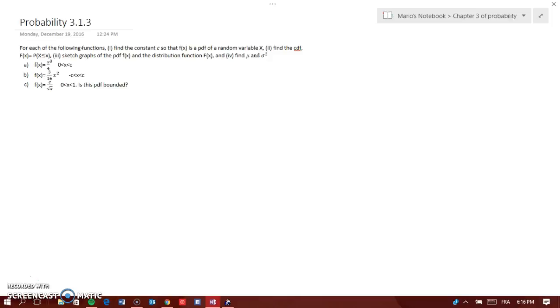So let's first find the constant c. We first have to take 3/16 times x squared. But we know that it goes from negative c to c, so we have the integral from negative c to c of 3/16 x squared. And what would that equal?